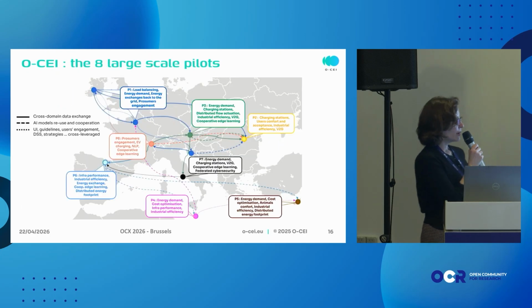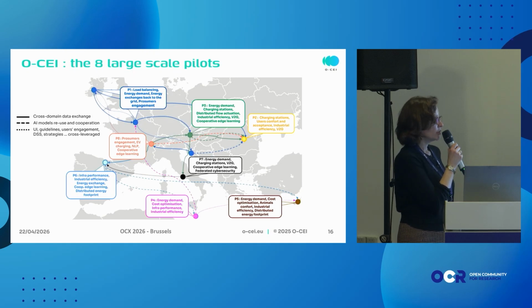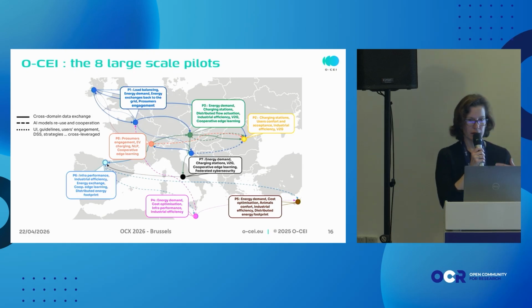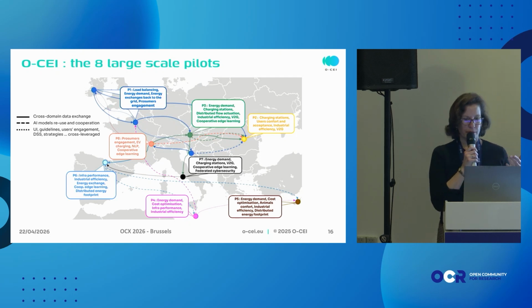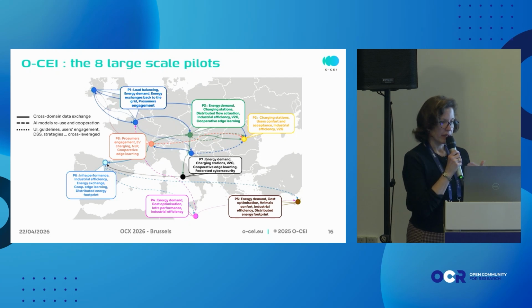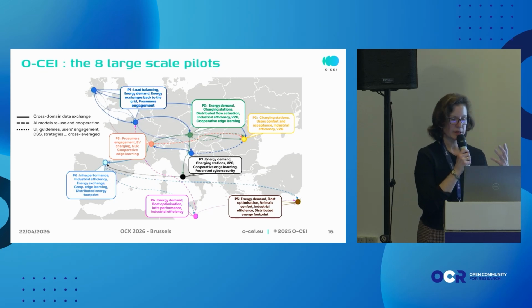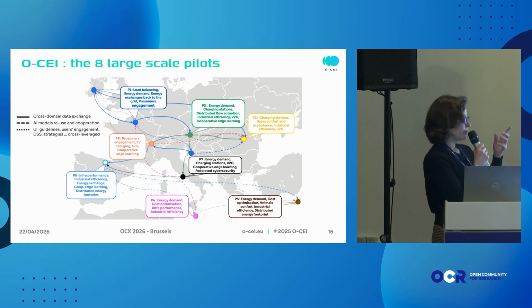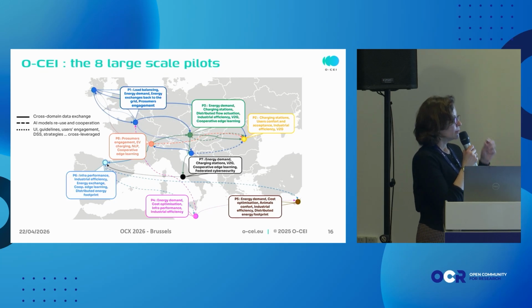Here you can see some information about the 8 large-scale pilots, which are located all over Europe. They all have their main topics, all related to energy, optimization, flexibility, some of them with specific work on vehicle-to-grid, federated learning, and lots of different topics.